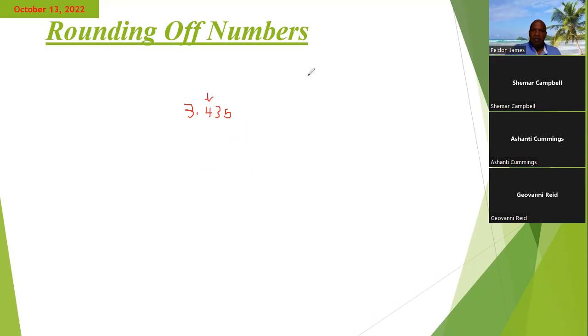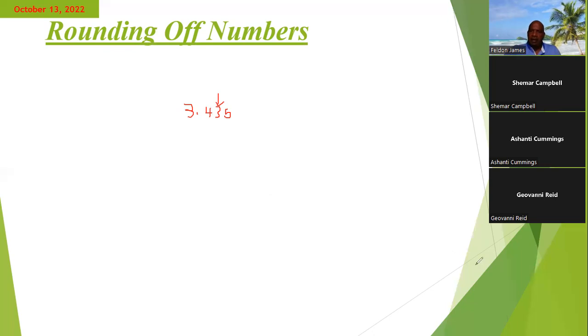I'm going to have you round it off to the second decimal place. Go ahead, Miss Cumming. Can you round this off to the second decimal place and explain? Yes, sir.